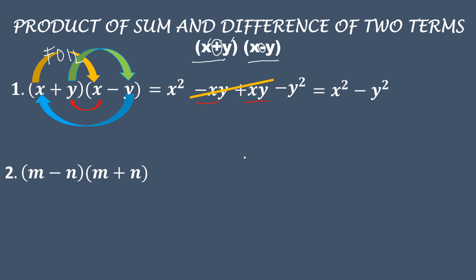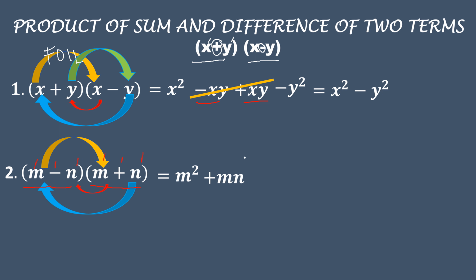Let us proceed to another example. We have m minus n times m plus n. I just want you to take a look at each set. Each set has the same first term and the same last term, but they differ in signs. Again, multiplying the two first terms using the FOIL method, we get m squared, followed by the two outer terms, m times positive n, which gives us positive mn.